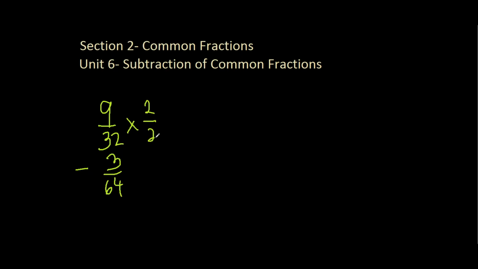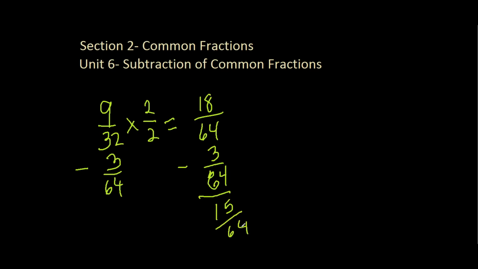In this case, we're going to multiply by 2. So this becomes 18/64. And now you can subtract 3/64 from 18/64, resulting in 15/64. That was fairly simple and straightforward.